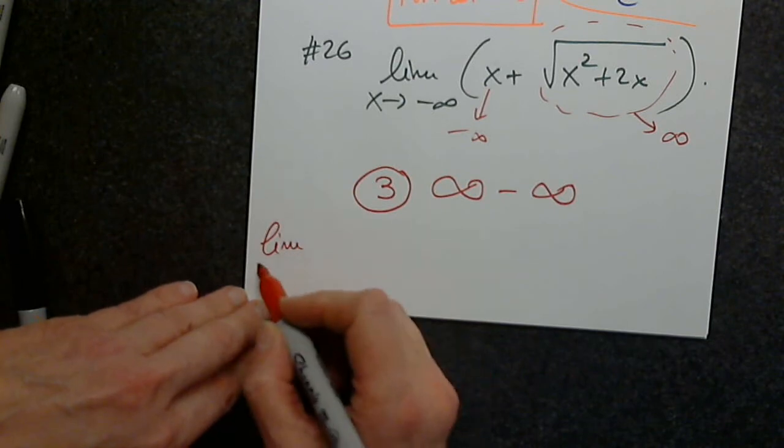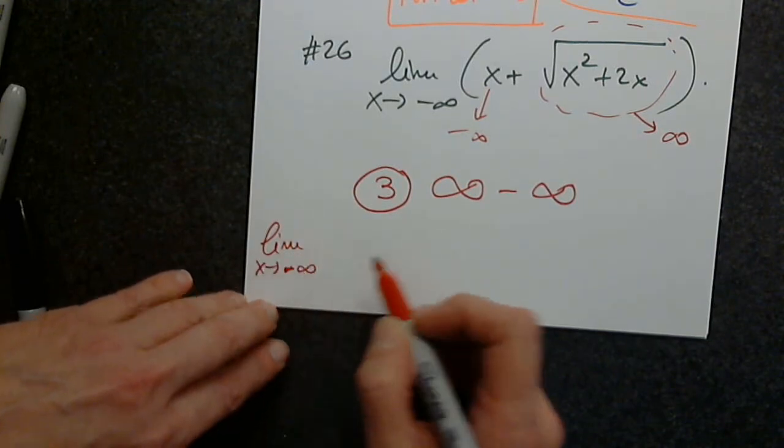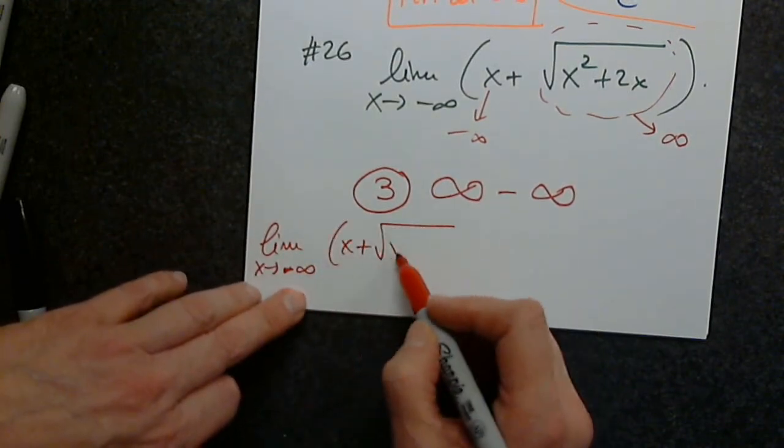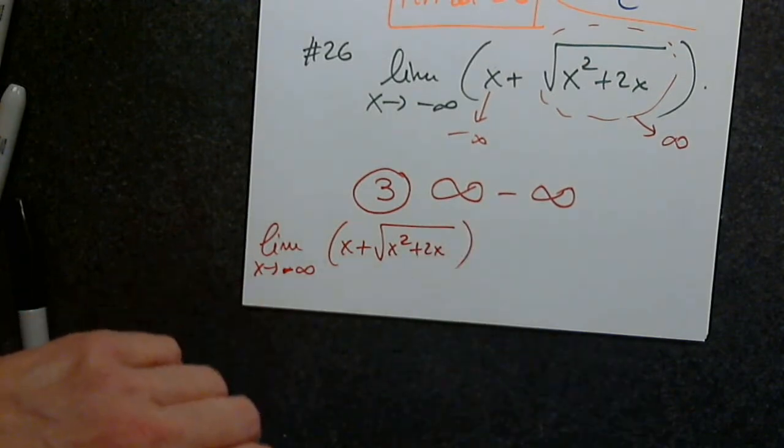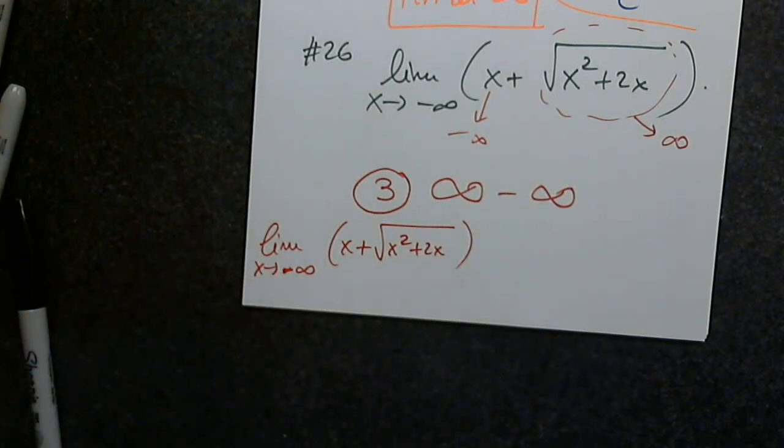I'm going to copy the problem here. You don't have to copy it again. X plus the square root of x squared plus 2x. What is our starting point? What do you think would be appropriate here? What is the only thing that I can think of doing? My only option here.